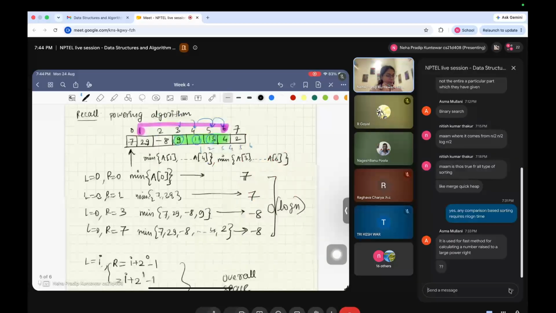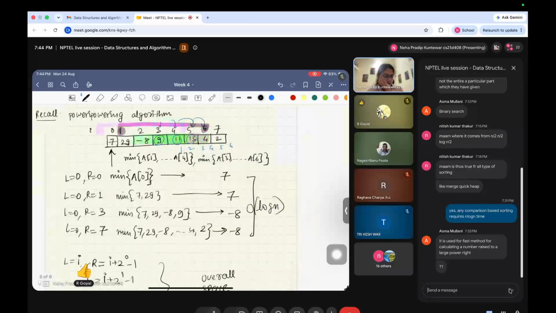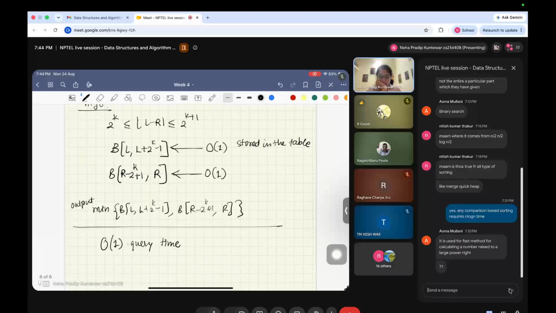So, is this okay? Okay. So there is one comment here which says, is this the fast method for calculating number raised to a power?